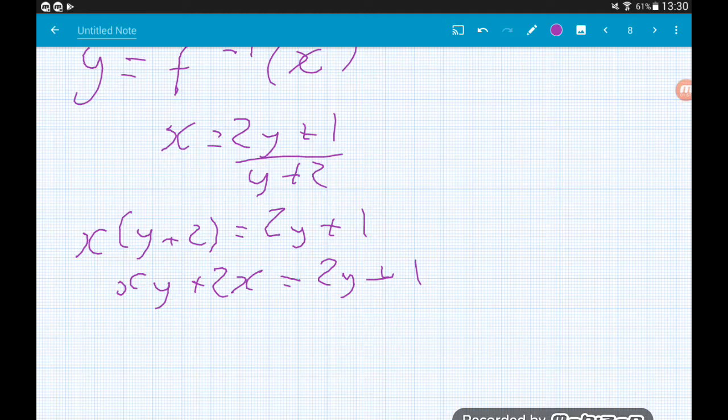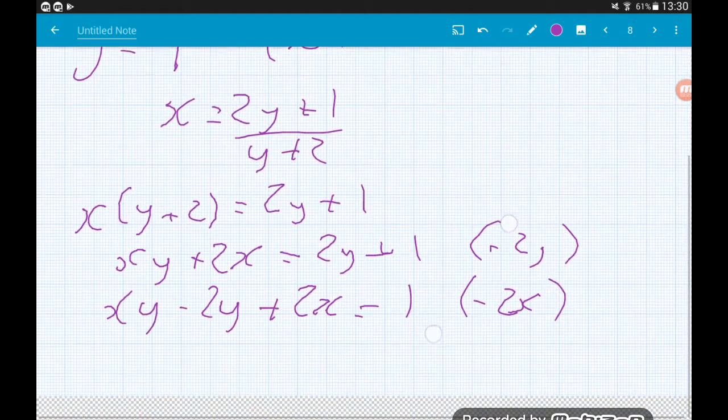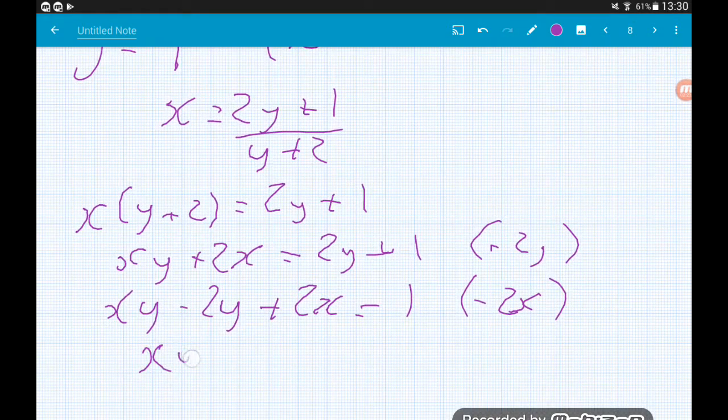So if we take away the 2y that's out on the right, then we'll get xy minus 2y plus 2x equals 1. Now we don't want that x term kicking around with the y's, so let's move him as well, minus 2x. That will leave us on the left with xy minus 2y equals 1 minus 2x.